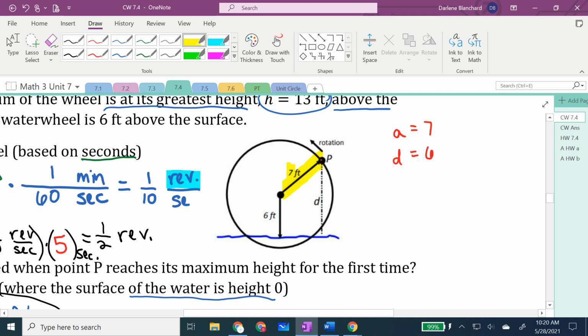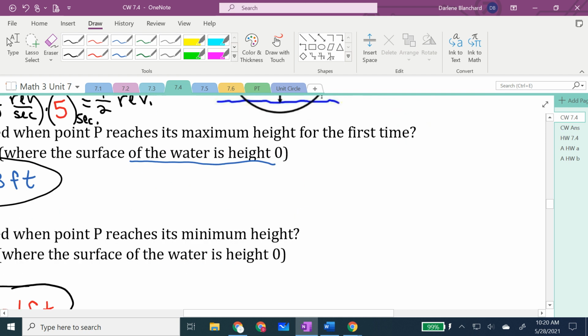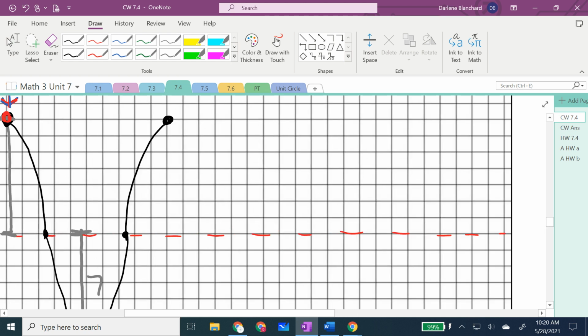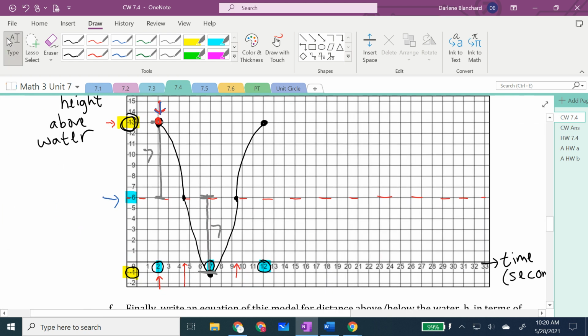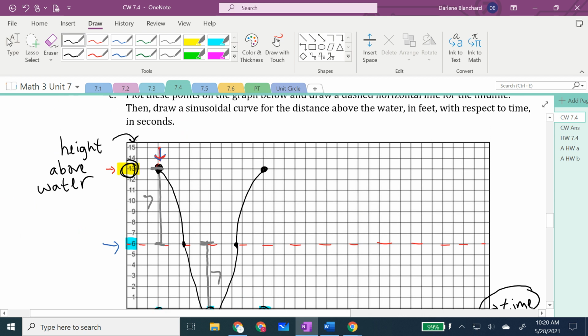Would it make sense that the radius of our turning circle would end up being the amplitude of the sinusoidal graph? Let's look at that graph again. And keep in mind that the x-axis is representing time. The y-axis is representing just the height above the water. So it's just that vertical distance alone of height above water.